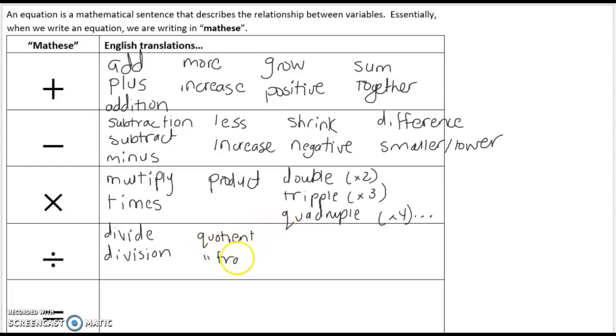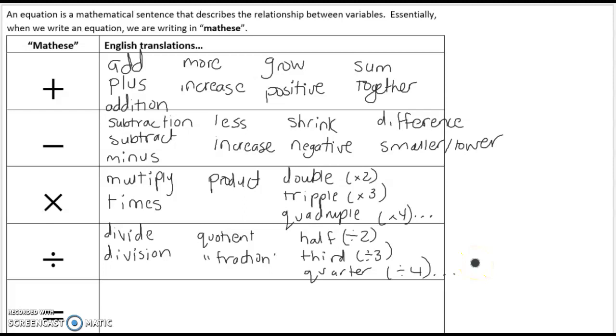Fraction, so whenever you see a fraction, that means divide. Half, so instead of doubling something, halving something would be divide by 2. If they say a third, that means divide by 3. If they say a quarter, that means divide by 4, okay? And then so on.